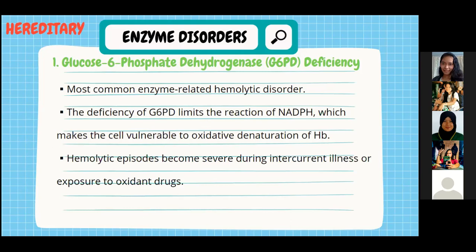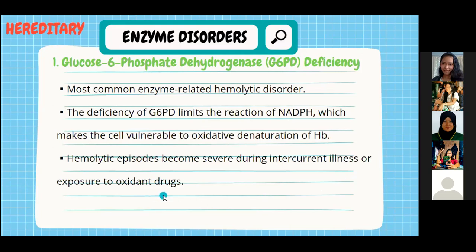So RBCs normally produce free oxygen radicals and hydrogen peroxide during metabolism and oxygen transport, but they have multiple mechanisms to detoxify these oxidants.